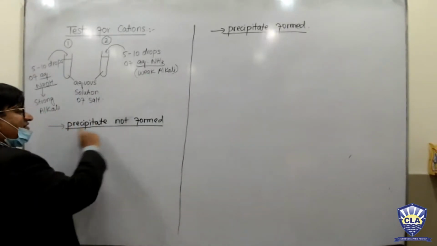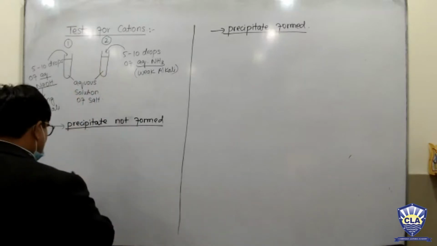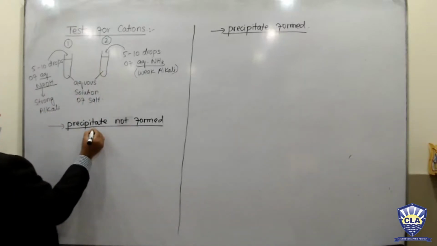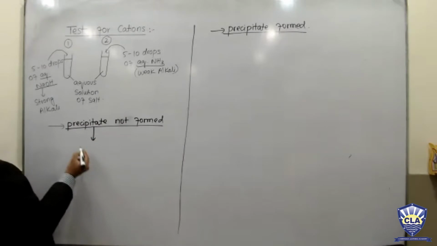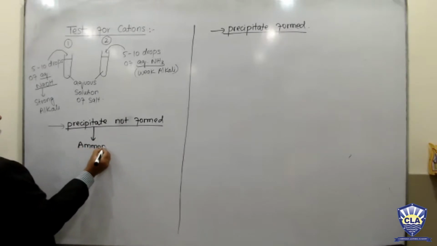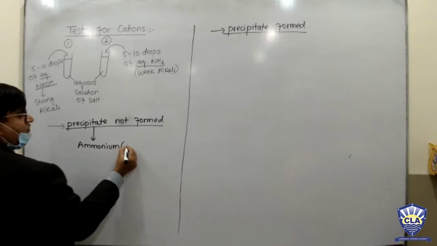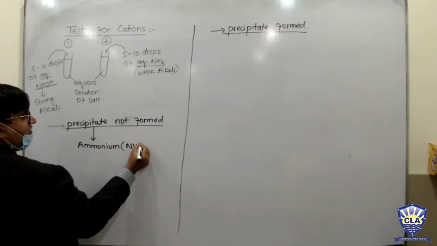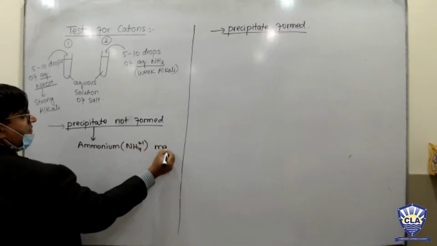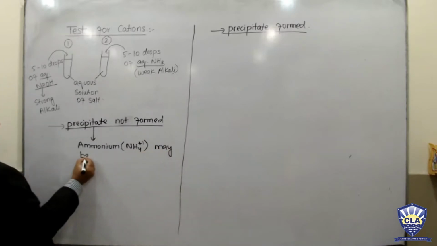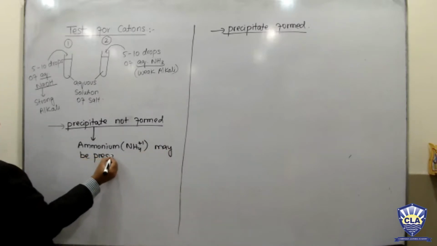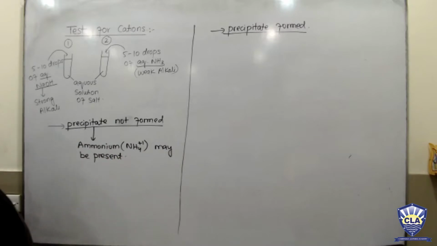If the precipitate is not formed in both of the test tubes, then keep in mind that one positive ion should be present, and its name is ammonium, with the formula NH4+. It may be present.